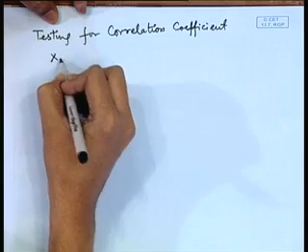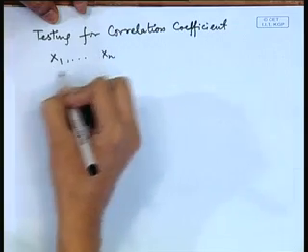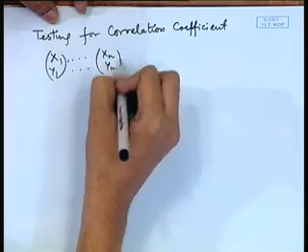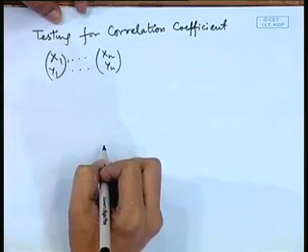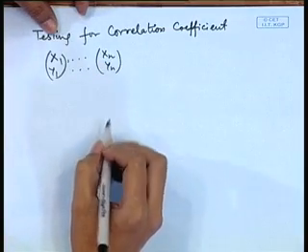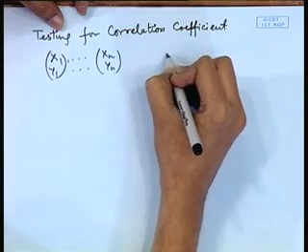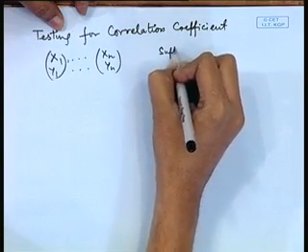So, we have the data x1, x2, ..., xn, y1, y2, ..., yn. In the two data sets, we consider the sample correlation coefficient and the population correlation coefficient.